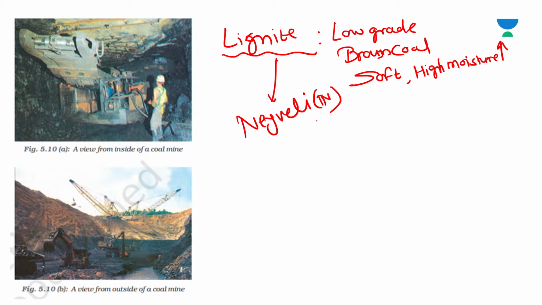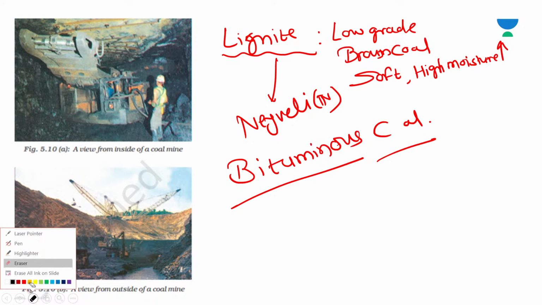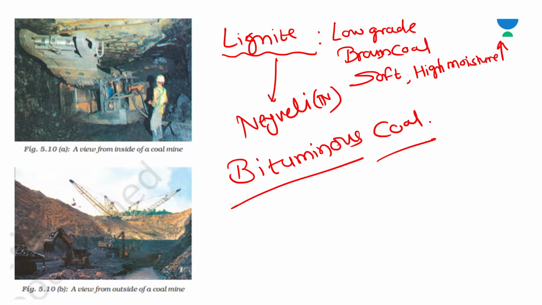So, coal that has been buried deep and subjected to increased temperature is known as bituminous coal. Now, it is the most popular coal in commercial use.